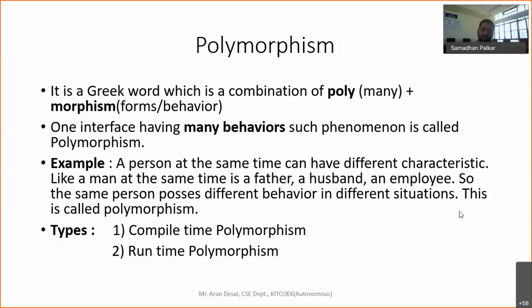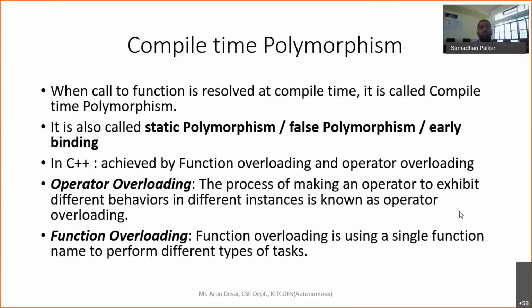What types are there in polymorphism? Polymorphism has two basic types: compile time polymorphism and runtime polymorphism. Compile time polymorphism is when we call a function and that function is resolved at compile time.